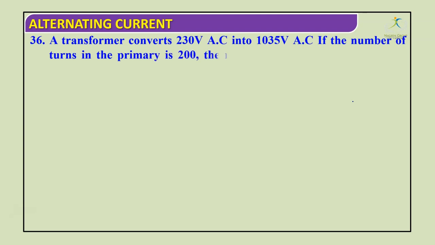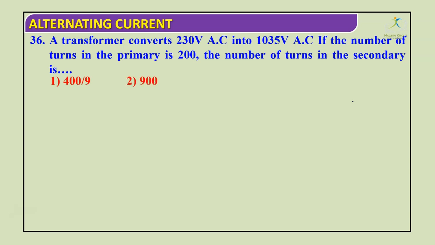Okay. Next question we have, a transformer converts 230 volt AC into 1035 volt AC. If the number of turns in the primary is 200, the number of turns in the secondary is 400 by 9, 900, 4050, or 800 by 81.